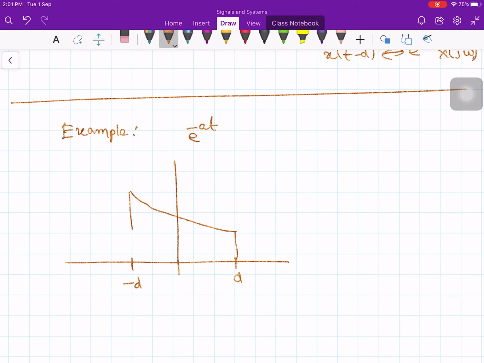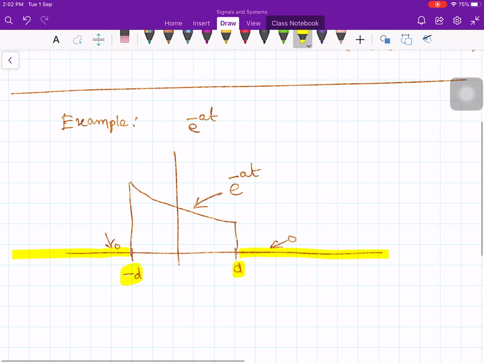So this is going to be e to the minus at between minus d to plus d, and this is 0 everywhere. Right from minus infinity up to minus d it is 0, and from d to infinity again it is 0.